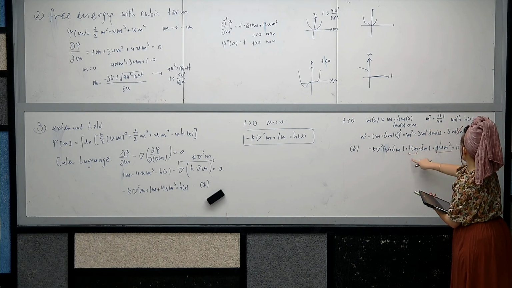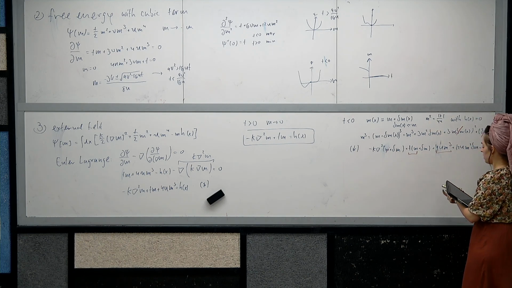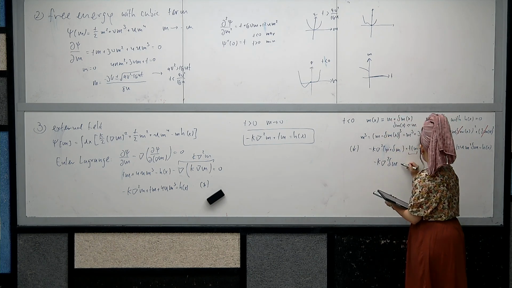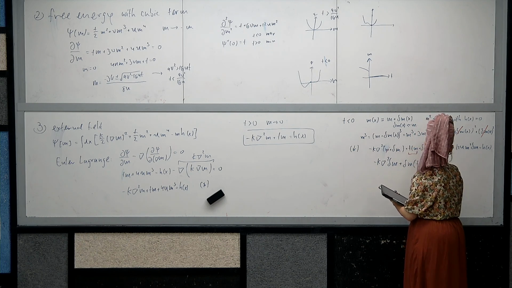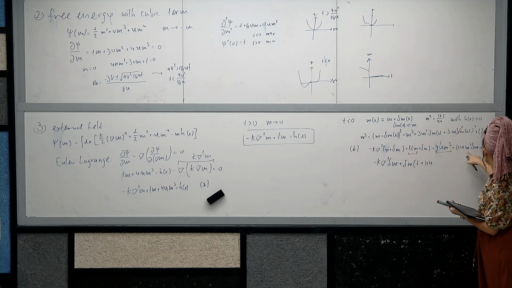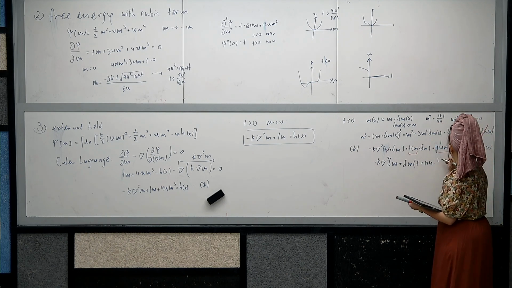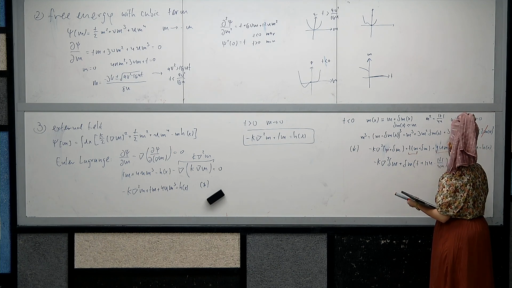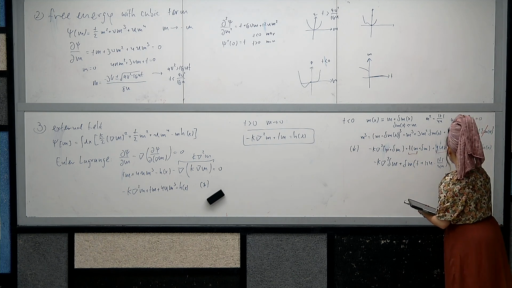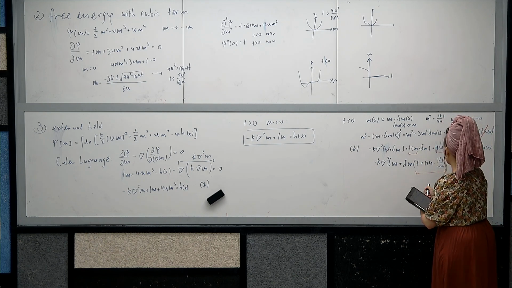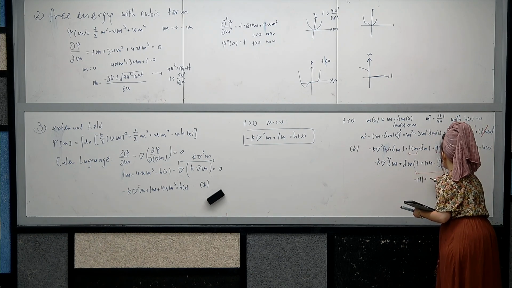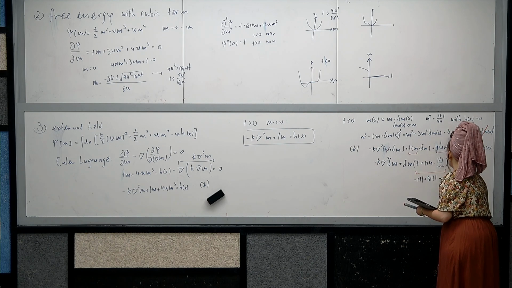So they cancel each other, and then we have, with m squared put in, t equal to minus the absolute value of t, and we have plus 3 times the absolute value of t.